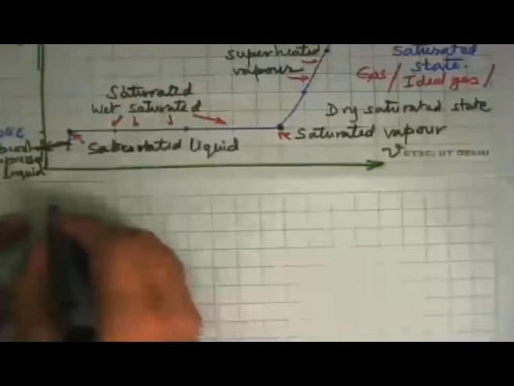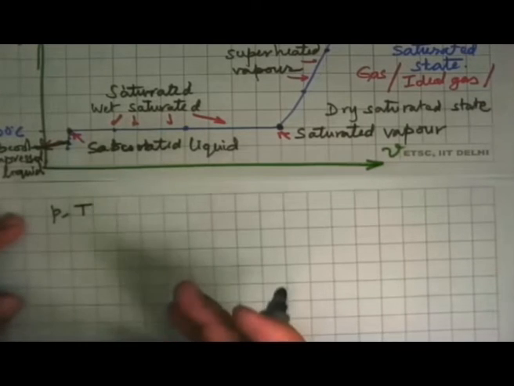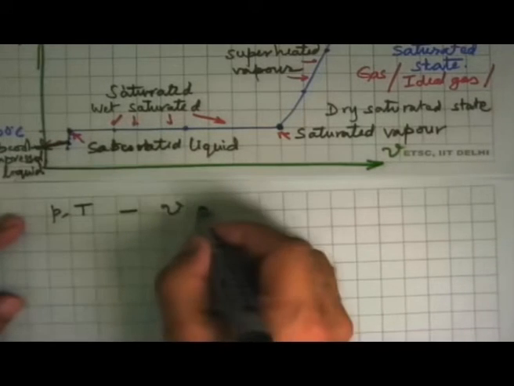In the saturated state, the substance has an interesting behavior, and what we saw was that with heating, pressure and temperature were the same, but specific volume kept increasing or decreasing, whichever way you are heating or cooling it.